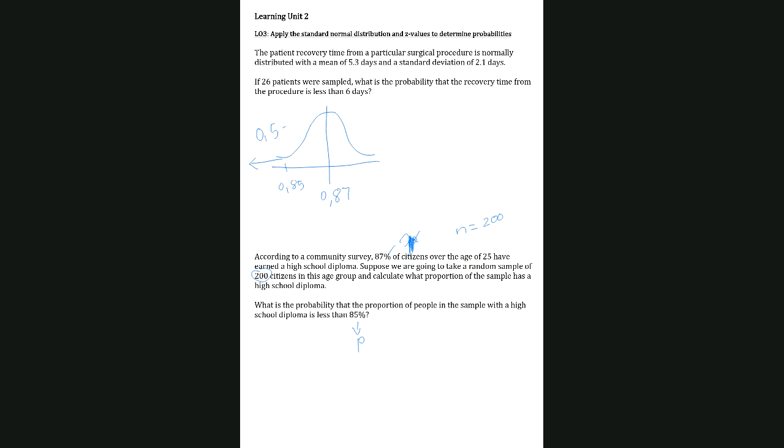So we know the rule that we're using at the end of this. We're going to say 0.5 minus a specific value. Let's now look at how to get to that specific value. So we're going to use the formula for Z, which is p minus pi when we're working with a proportion, over the root of pi multiplied by 1 minus pi over n. So this is the Z formula when we're working with a proportion.